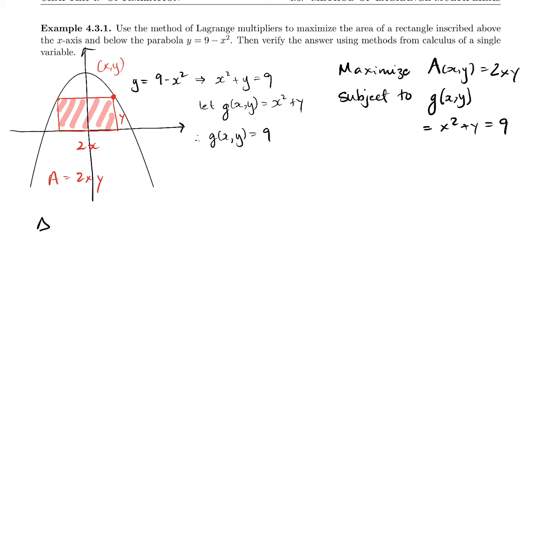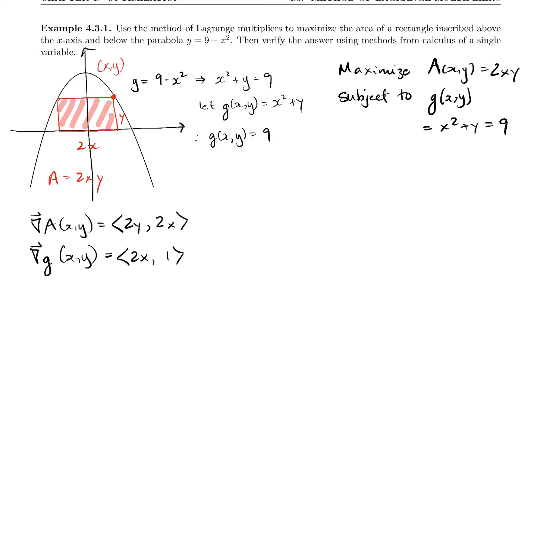So the gradient of A at any point x y is going to be, if we take the derivative with respect to x, we'll get 2y. Derivative with respect to y will give us 2x. The gradient of g at any point x y is 2x and 1.